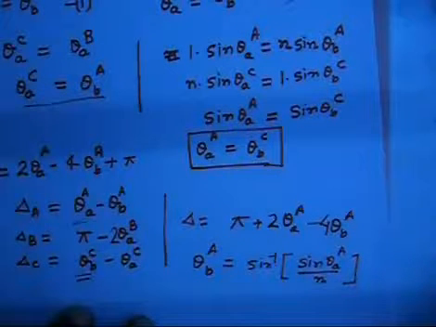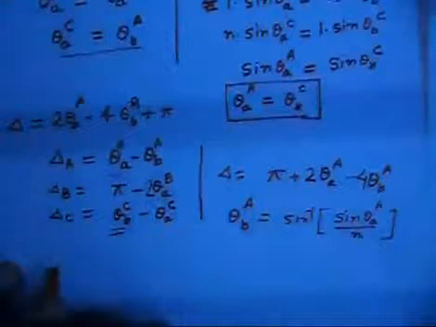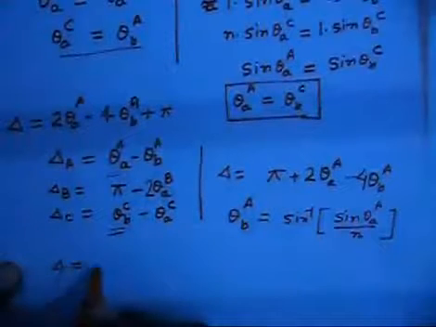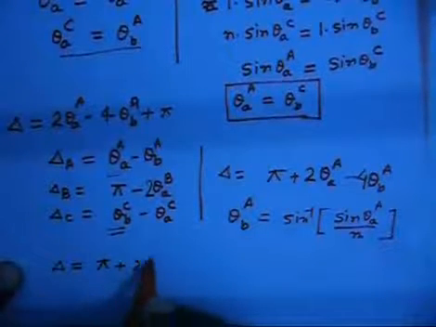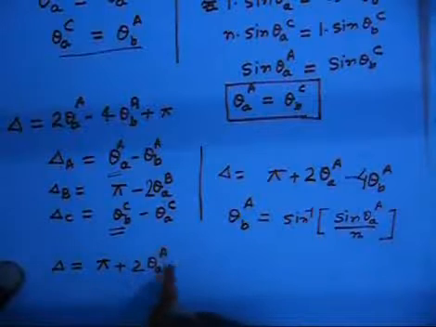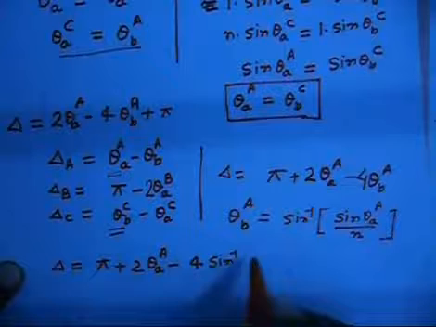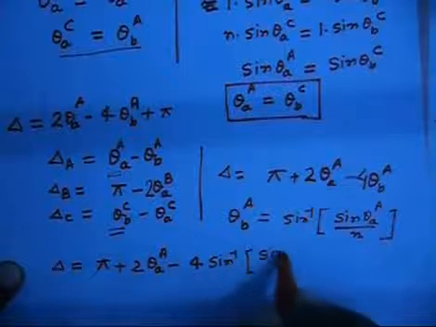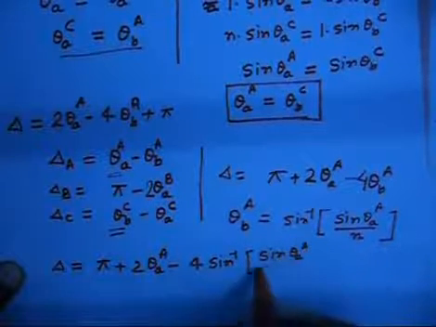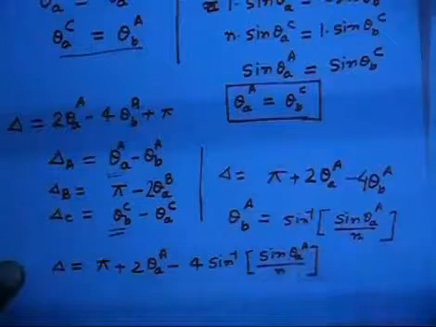So this is my theta B. So total deflection is given by pi plus 2 theta A at A minus 4 times sine inverse of sine theta A at A by n.